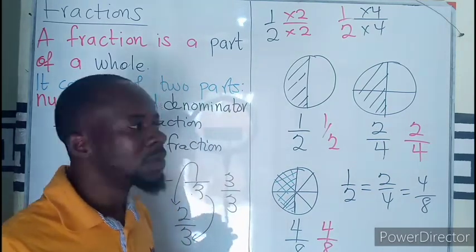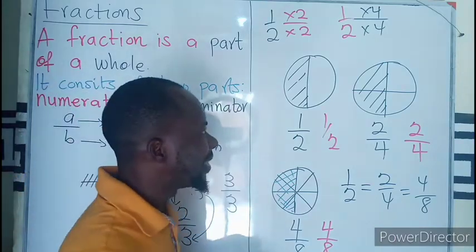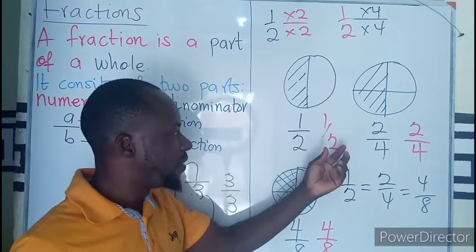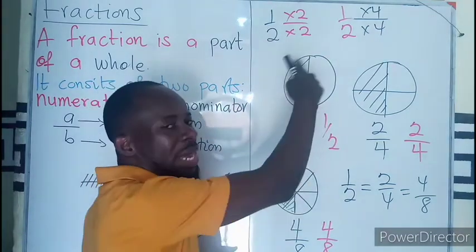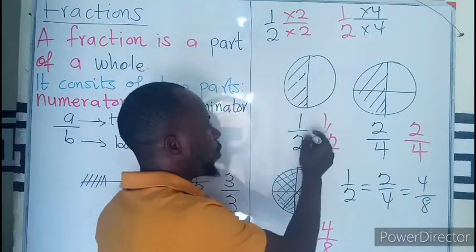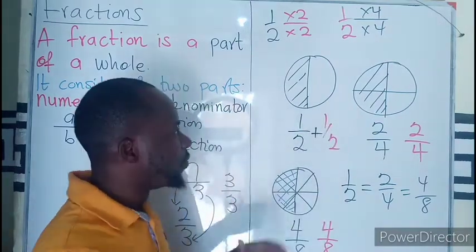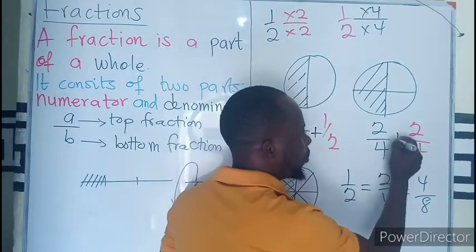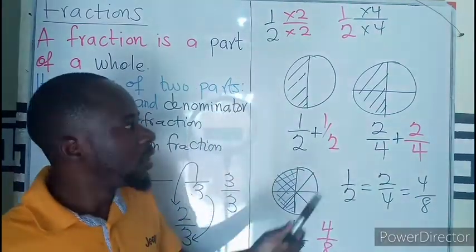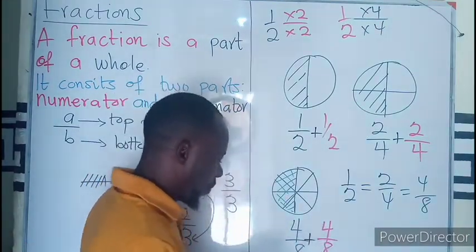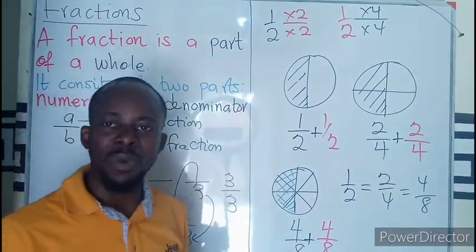8. So for me to see that this is part of a whole, if the 2 come together, it gives me the whole. 1 over 2 plus 1 over 2 gives me the whole. 2 over 4 plus 2 over 4 gives me the whole. And similarly, 1 over 4 plus 1 over 4 still gives me what? The whole.